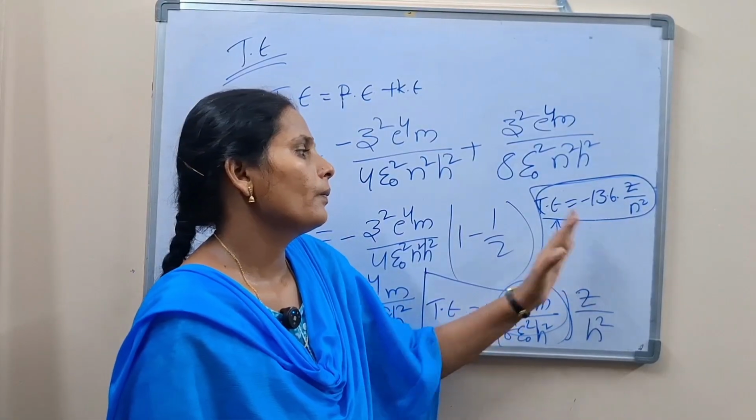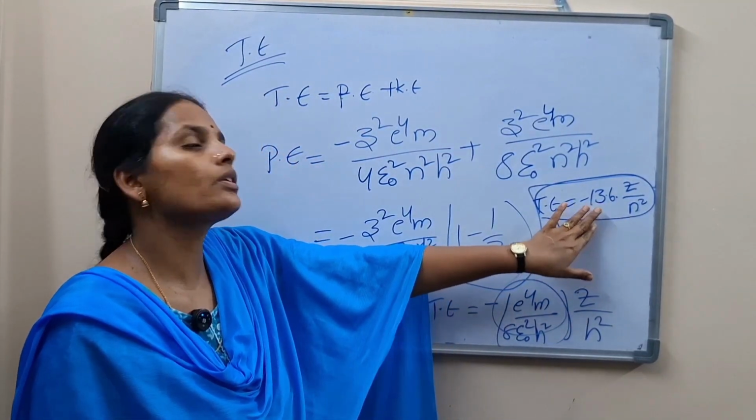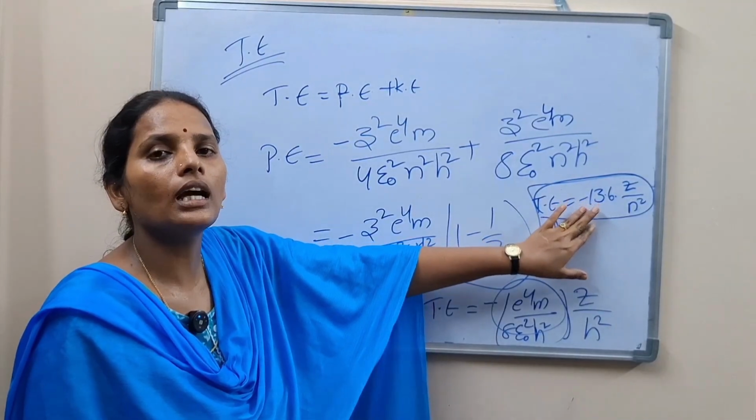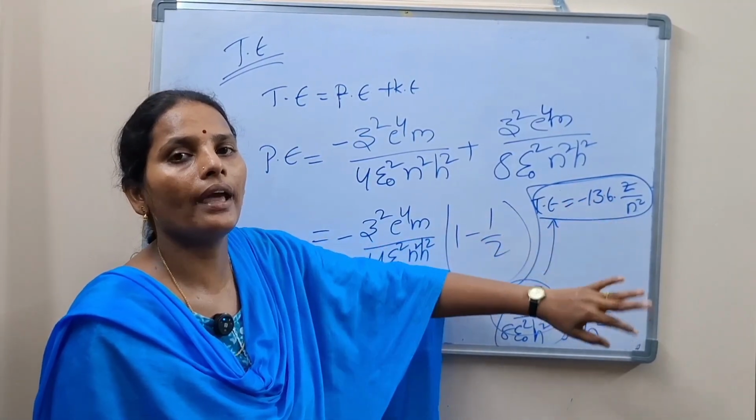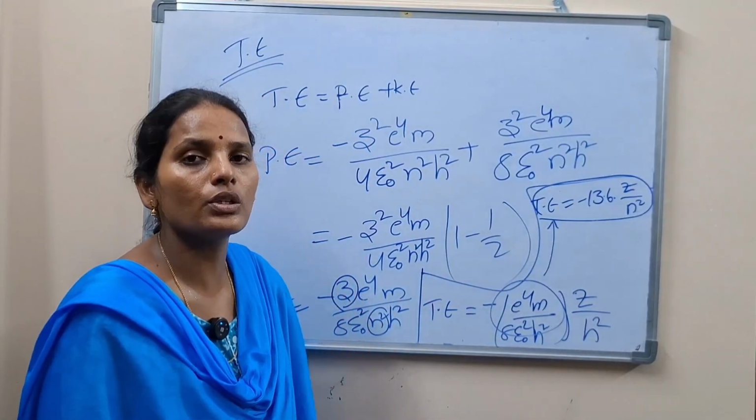Using this total energy derivation, we can calculate the total energy of the electron in which shell, either 1, 2, 3 and so on. Here n is the integer number of the shells.